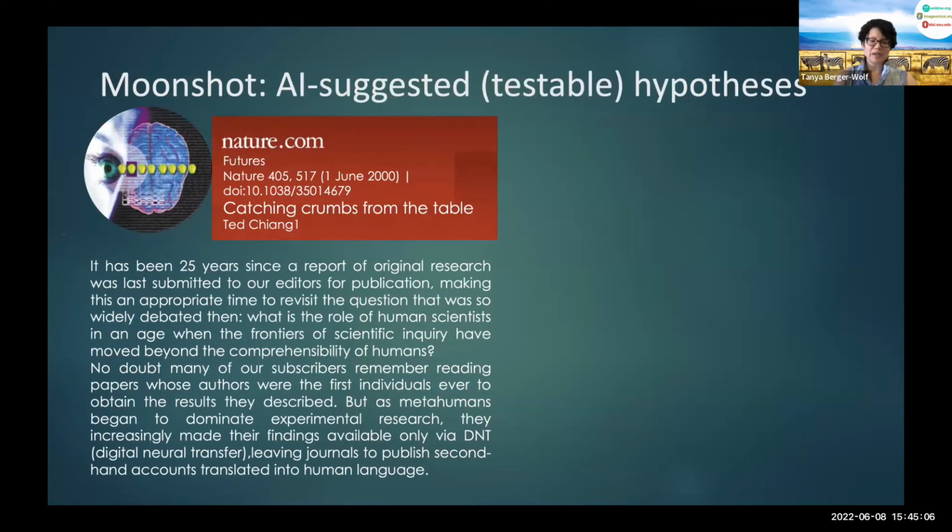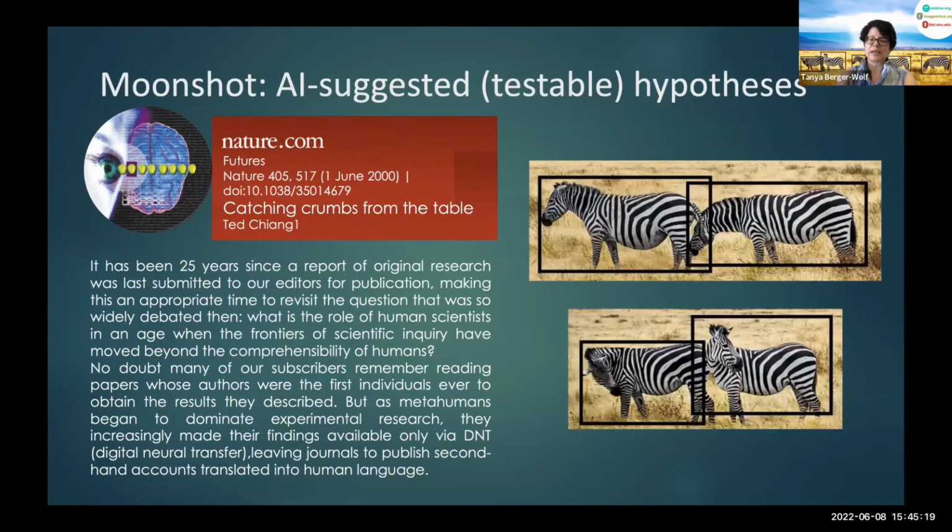that leads not only from descriptive analysis, but to using machine learning, AI, and computation to generate hypotheses that can then be tested, because machines see things differently than humans. For example, humans cannot tell you which of two pairs of zebras are more similar to each other.